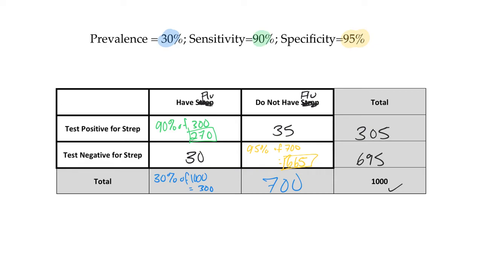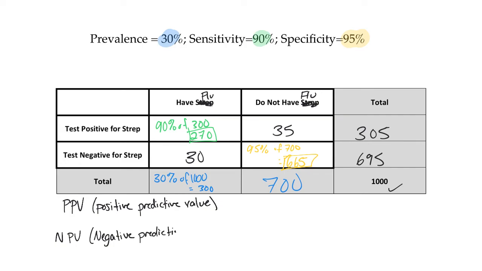Now for a quick comment, there are two other things you're going to have to calculate. The first one is something called the PPV, which is the positive predictive value of a test, and the other one is the NPV, which is the negative predictive value.